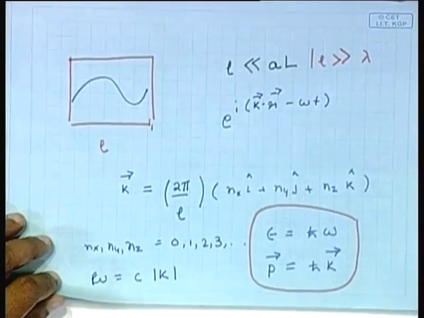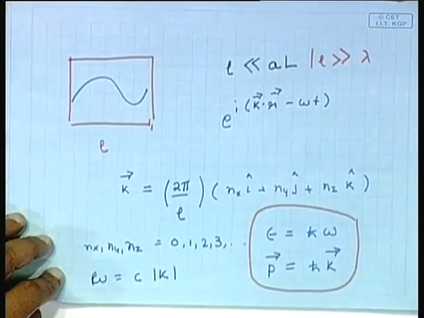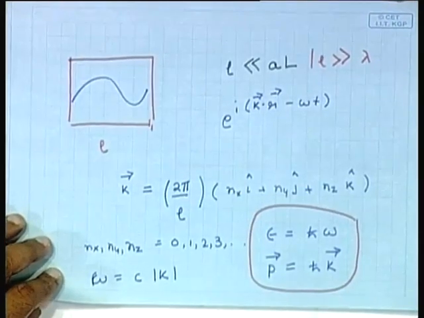Now, the question is that if these photons are in thermal equilibrium at a temperature T, what do we mean by that? This is something we had discussed in the last class. Black body radiation.